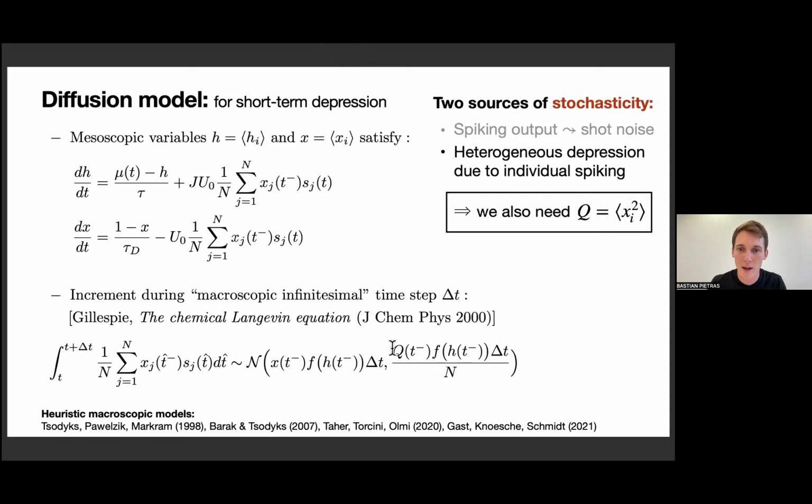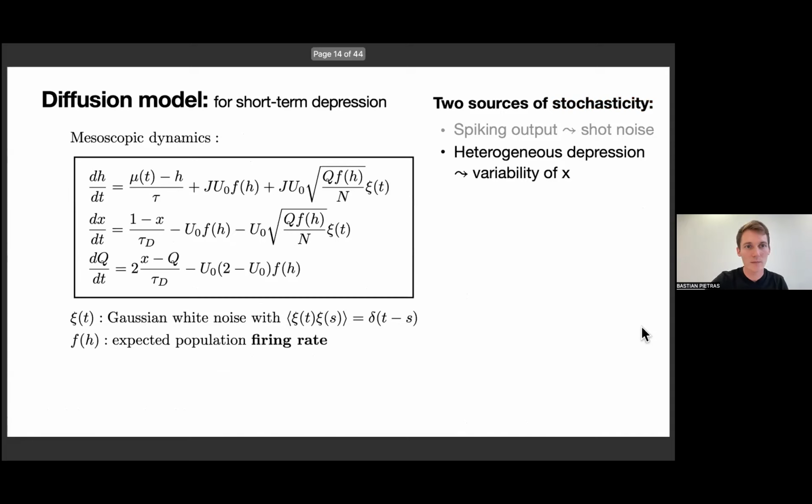And on top of that, we have this factor q in here. q is basically the second moment of all the x_i's. And our mesoscopic mean field model will also describe the second moment of the resources. So to spare you a lot of the details of the derivation, in the end we end up with this mesoscopic dynamics for our mean field h, mean field x, and for the second moment q.